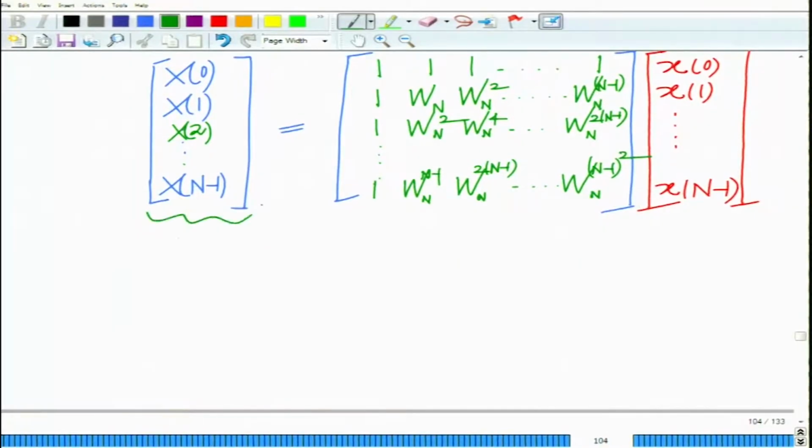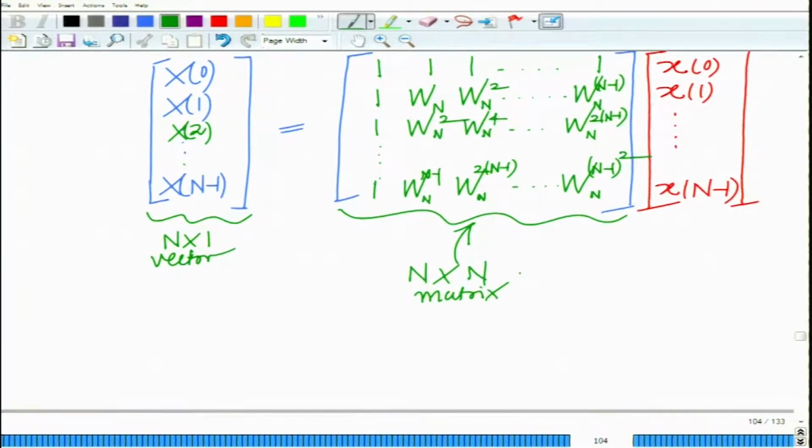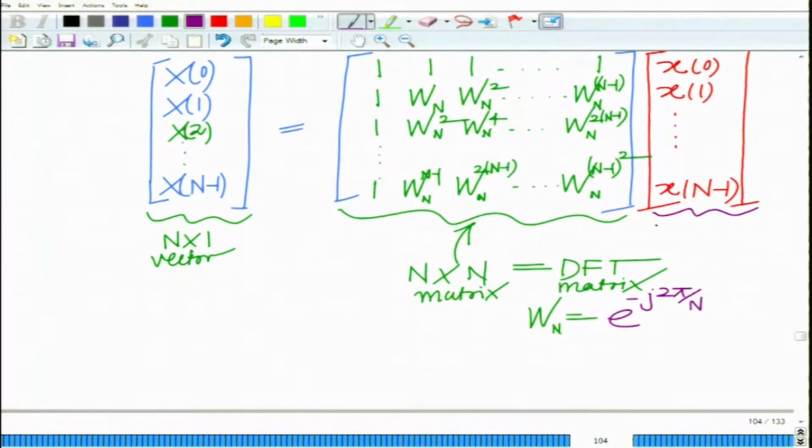And therefore, if you look at this, this is an n cross 1 vector, and this is an n cross n matrix, and this is your DFT matrix of size n, where recall Wn equals e raised to minus j 2 pi over n.